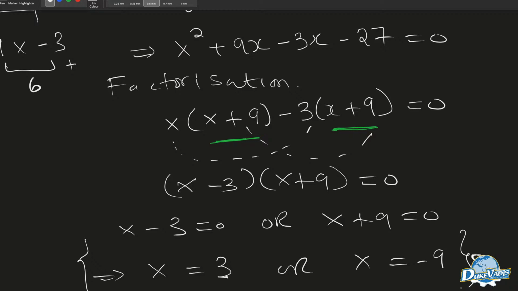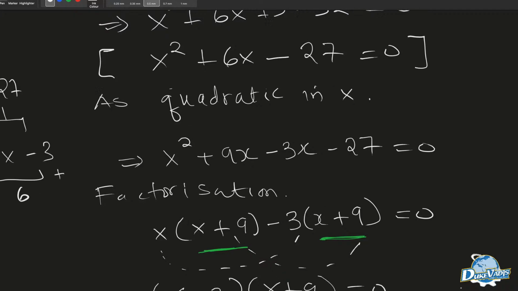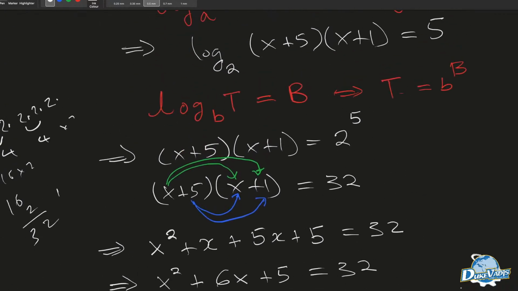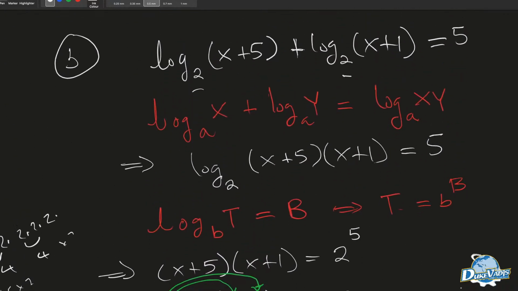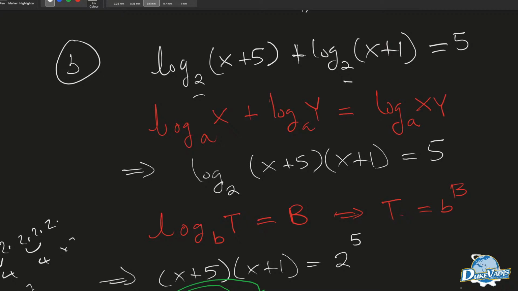So let's go back and have a glance at what we've done so far. When we look at the equation, what do we see? Log to the base 2 of (x + 5) plus log to the base 2 of (x + 1) is equal to 5. Then we reminded ourselves of this equation of logarithm.